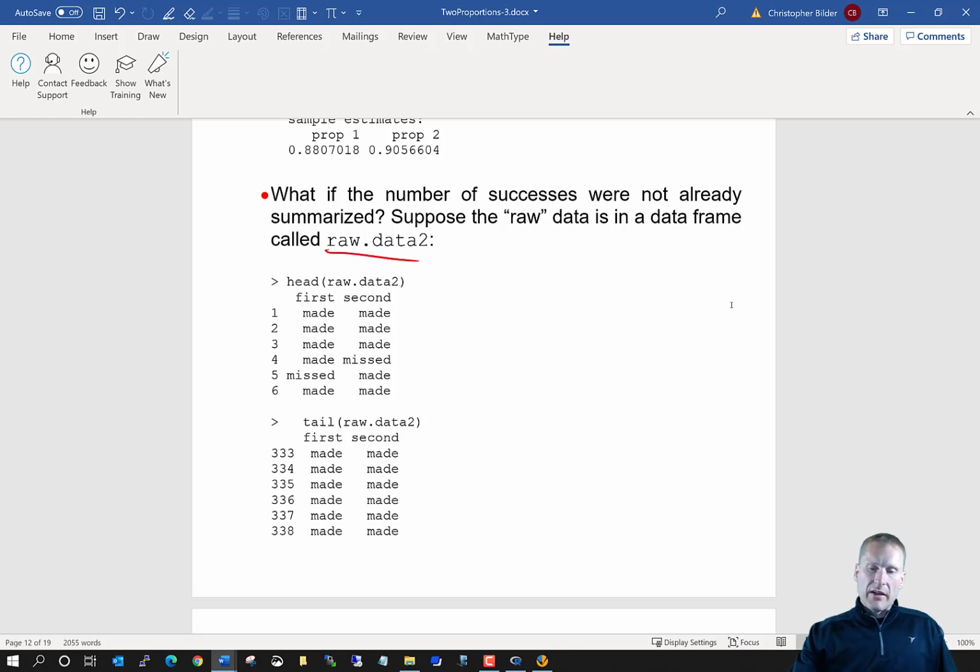Let's say the data is in a data frame called raw.data2, where each row of the data frame corresponds to each pair of attempts for Larry Bird, or in other words, each set of observations. So the first set of observations, he made the first, made the second. Same thing for observation 2, observation 3. Now observation 4 made the first, missed the second, and so on.